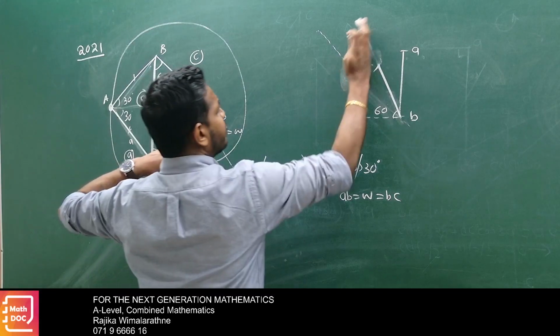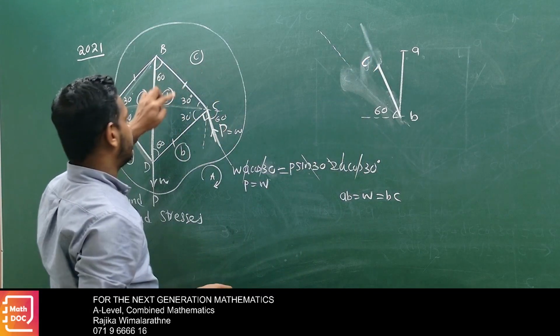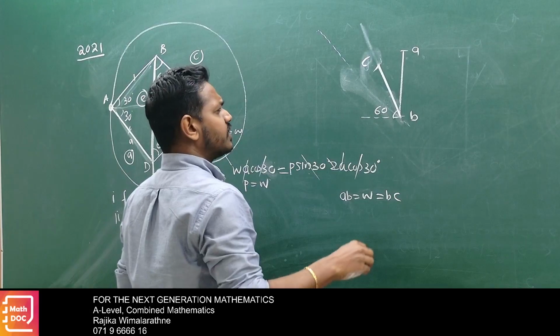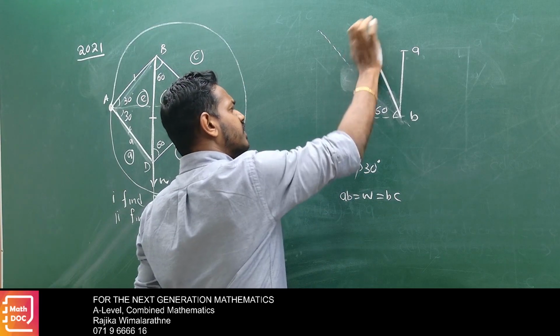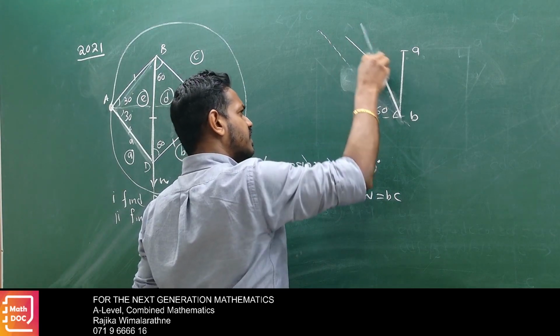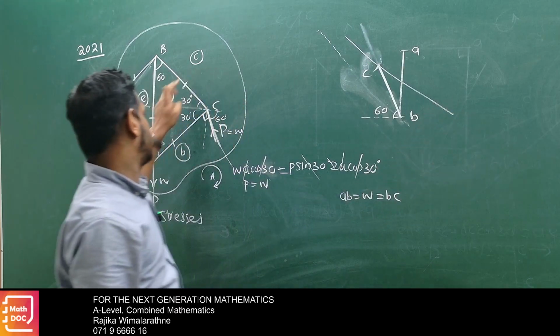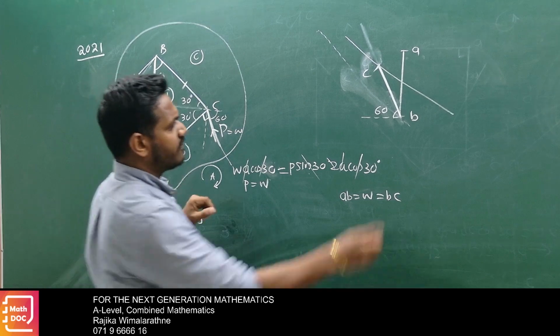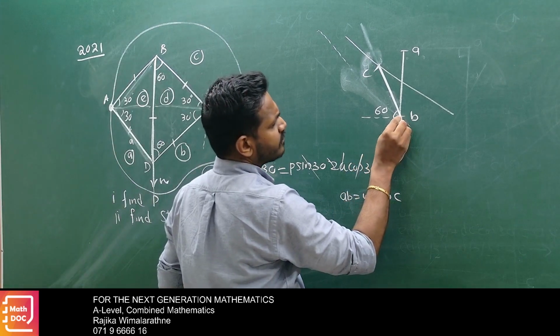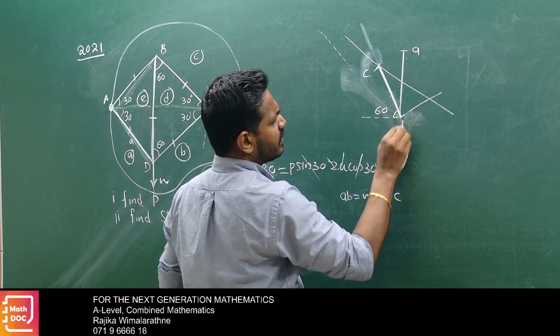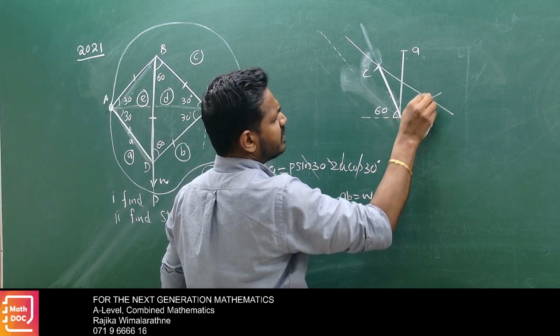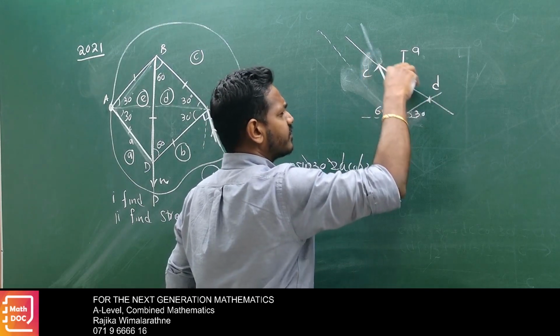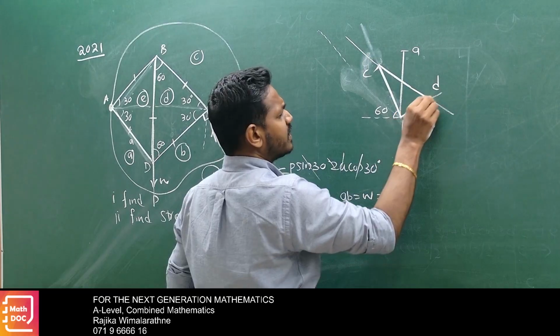BC. Then CD to the horizontal 30. You see now? D on this line. DB to the horizontal 30. Here B 30. Here this will be D. Now see this.